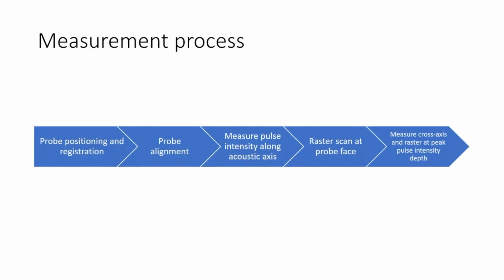The measurement is these 3 steps here: measuring the pulse intensity along the acoustic axis, the raster scan of the probe face, and the cross-axis scan. Those are the actual measurements we're making. The rest, we use a software tool, but in theory one could also do it on paper. That process is laid out very clearly in the IEC standards.